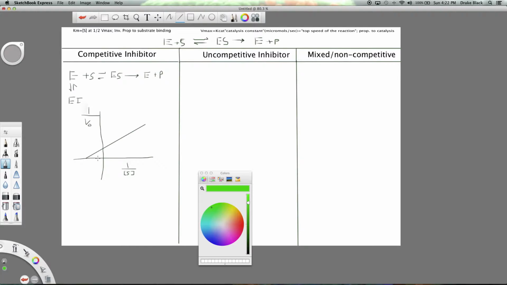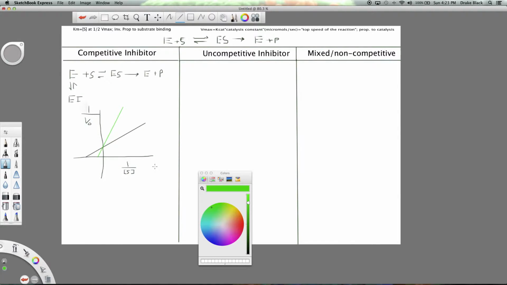So with the inhibitor, what you're going to see is it's going to have the same Vmax, but different Km values. So that's how you know it's going to be a competitive inhibitor, if the one over Vmax is the same, and the Km values are different.